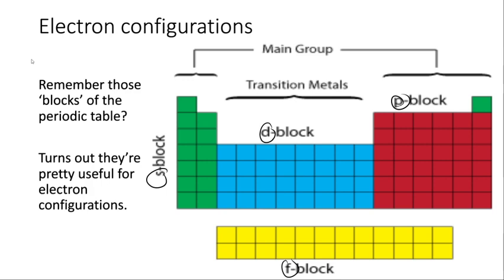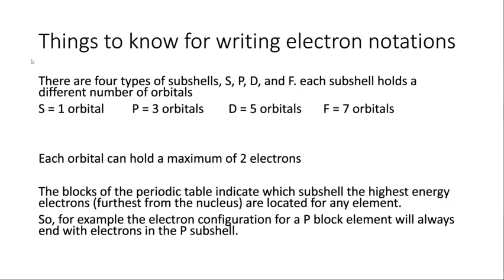If you remember in the last video, I did say that they tell you where the outermost electrons are located as far as subshell, and that's going to come in really handy when we start looking at writing out electron configurations.